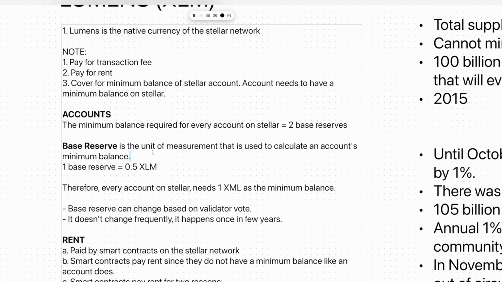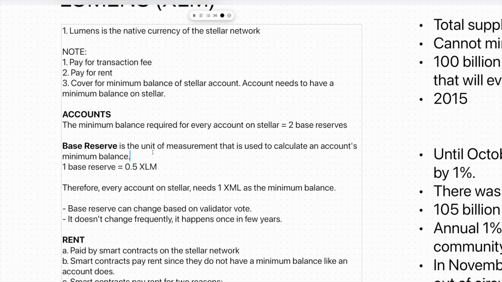This is what we refer to as the base reserve. So every account in Stellar needs to have a minimum balance of two base reserves, and a base reserve is equal to 0.5 XLM.